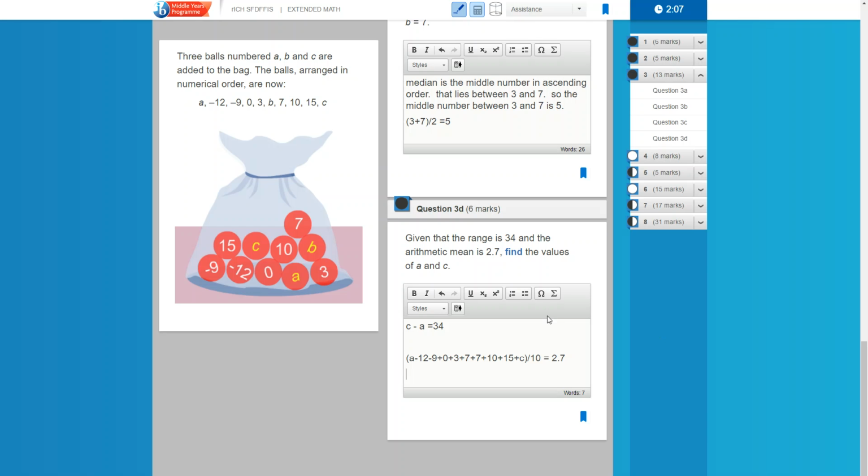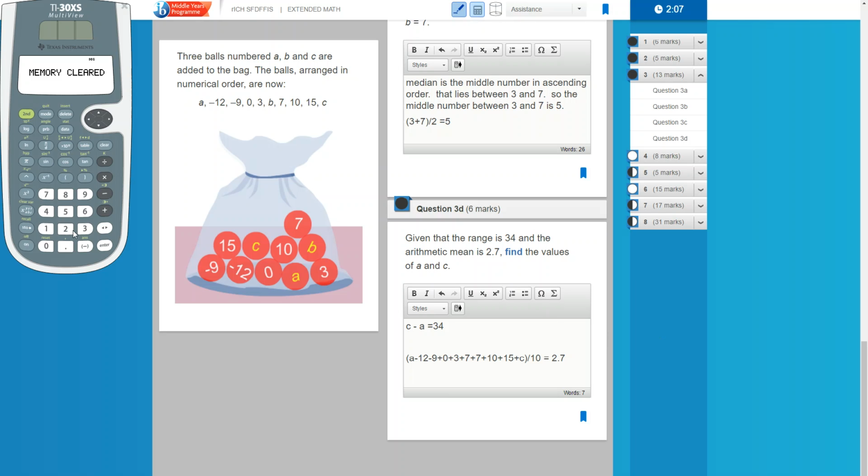Right, let's add these things up, okay? So I've got minus 12, take away 9, add 3, add 7, add 7, add 10, add 15, equals 21.